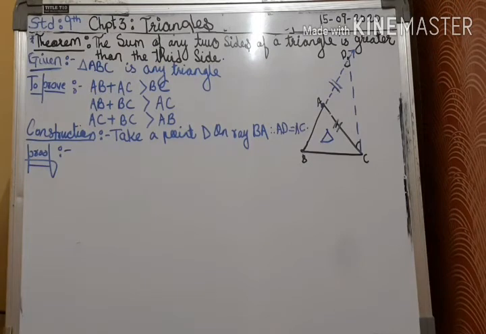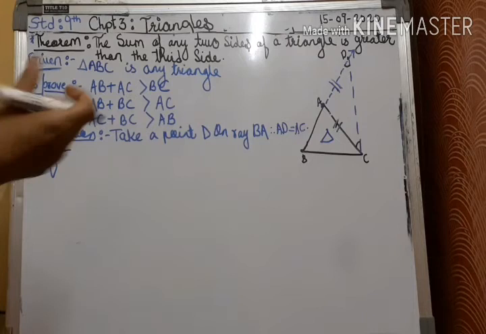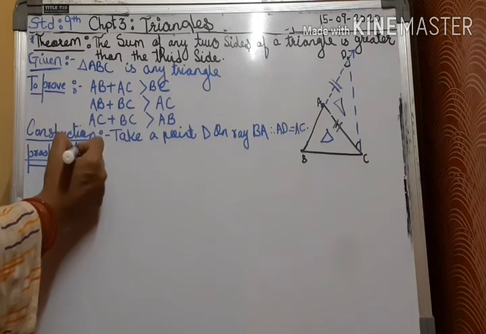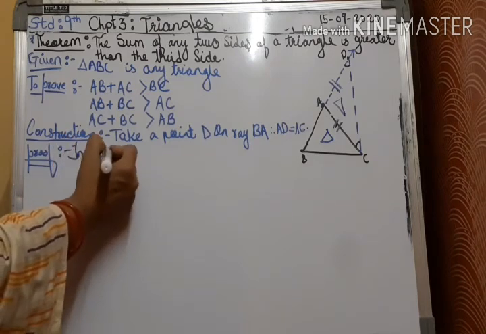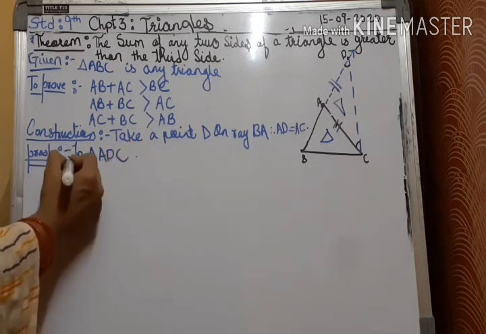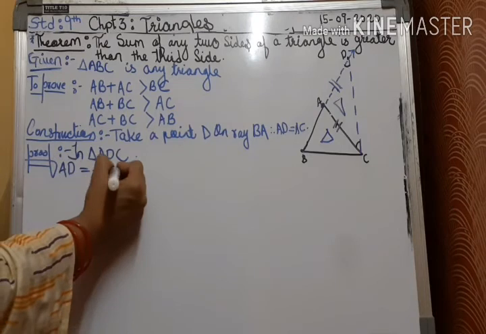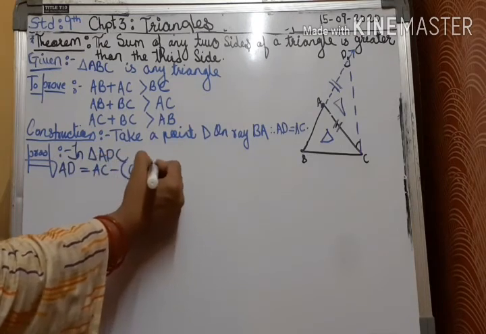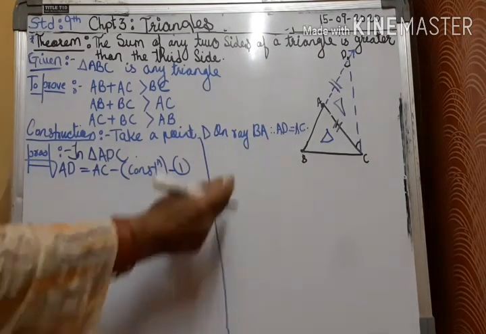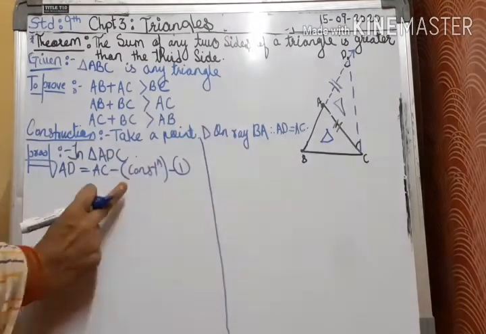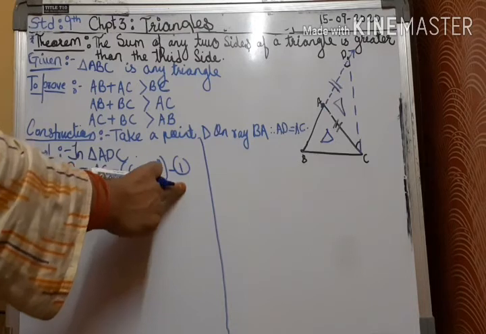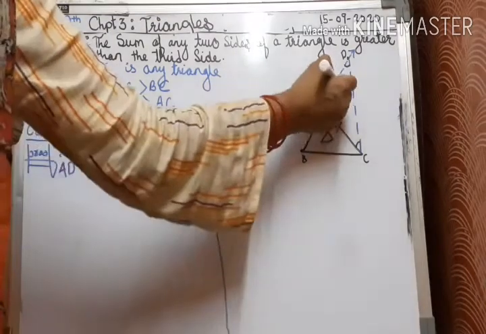In triangle ADC, we will take this triangle ADC. In triangle ADC, AD is equal to AC by construction, and we give it as 1. We got this from construction, so we wrote AD is equal to AC by construction, given as 1. Therefore, by the isosceles triangle theorem, these two sides are equal.